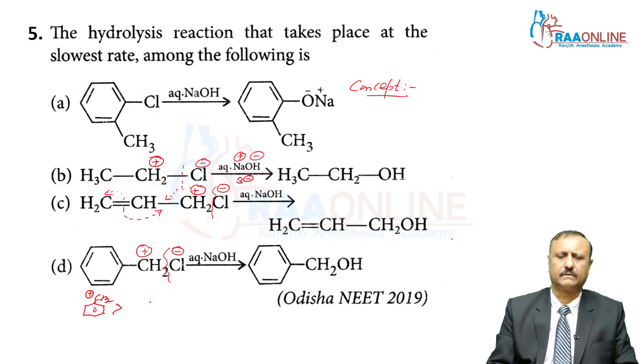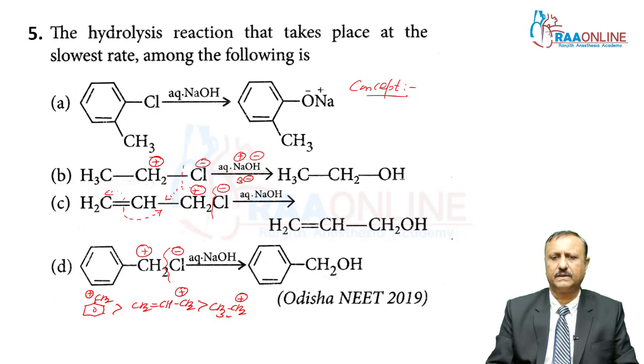When you see the rate of reaction in this, it is CH2=CH-CH2. The rate of reaction is also fast, but it is slower than this benzyl carbocation compound. Now we can see the primary carbocation CH3CH2 plus charge.